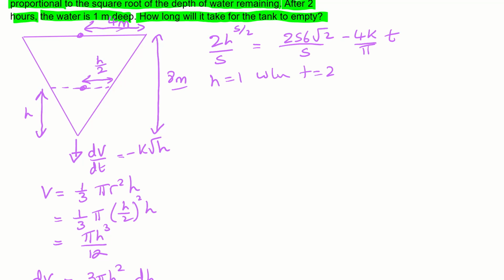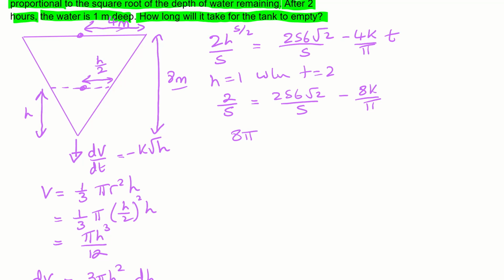So 2h to the 5 on 2 on 5 would be equal to 256 root 2 on 5, take away 4k on pi t. We also know h is equal to 1 when t equals 2. That gives us 2/5 is equal to 256 root 2 on 5, take away 8k on pi.